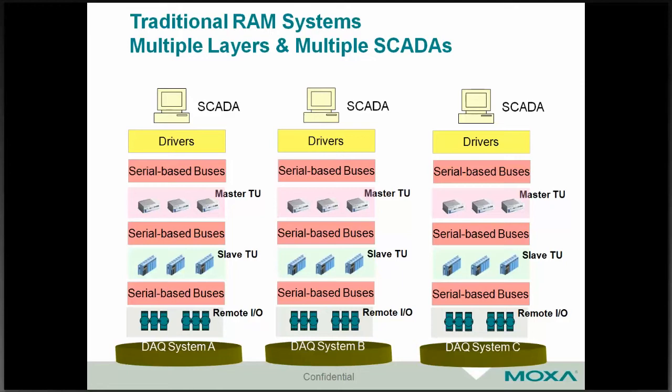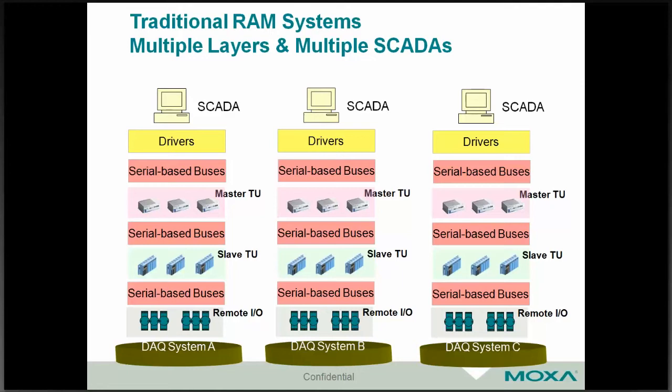They had to establish layers of data acquisition, from the remote I/O in the field. They needed a slave terminal unit collecting all those data, storing that in the slave terminal unit, waiting for the master terminal unit to pull it, and the master terminal unit would again relay that data back to the SCADA systems at the backhaul.